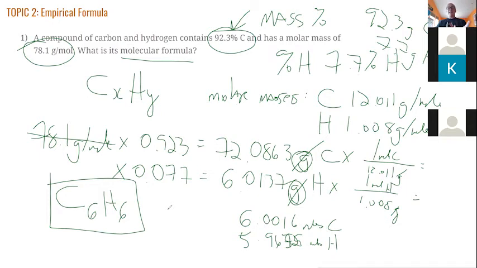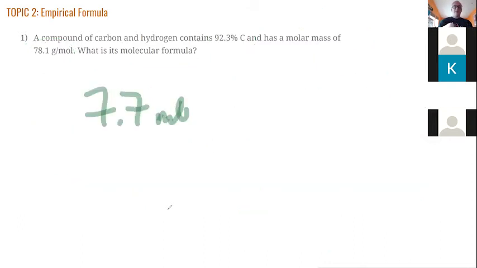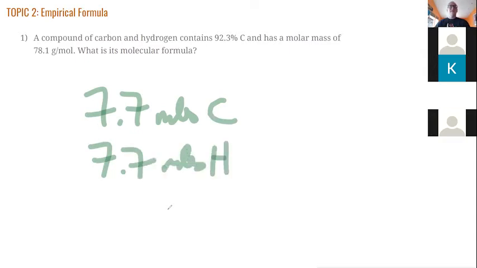If we did that calculation, we would find basically a ratio of 7.7 moles of carbon and 7.7 moles of hydrogen. Since we don't know what the actual ratio is, we just have to figure out the simplest ratio, and the simplest ratio is just 1 to 1. So the empirical formula would just be CH.